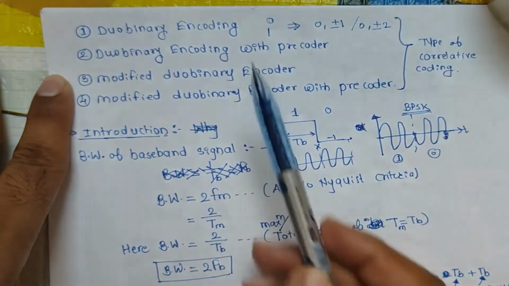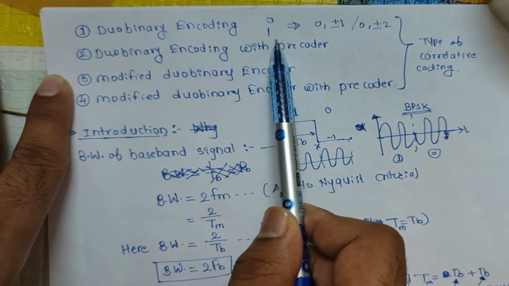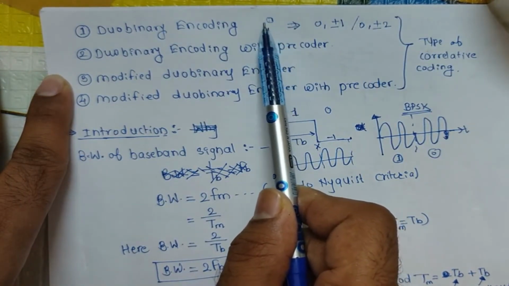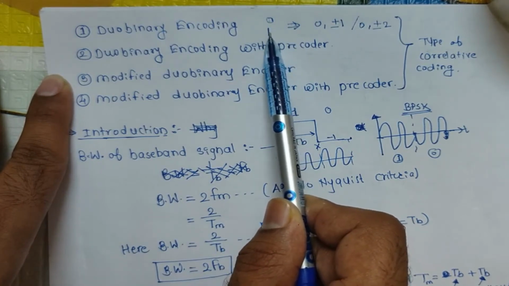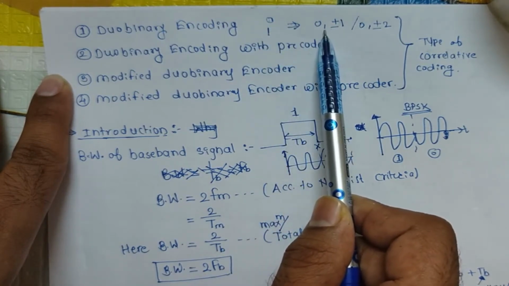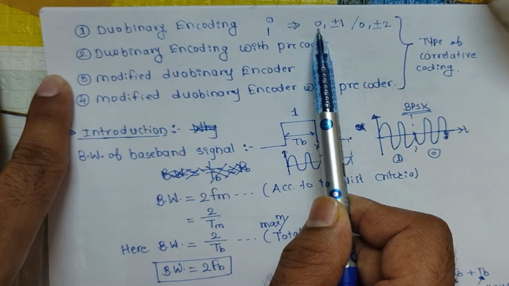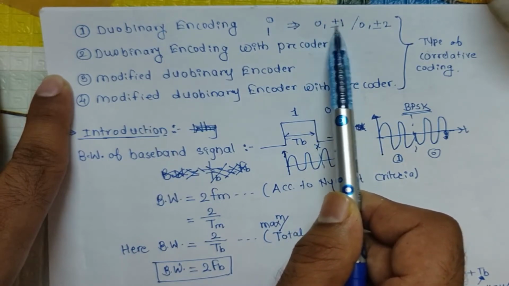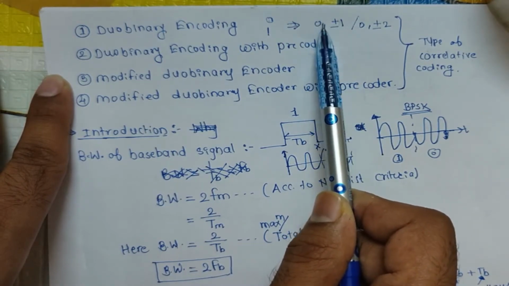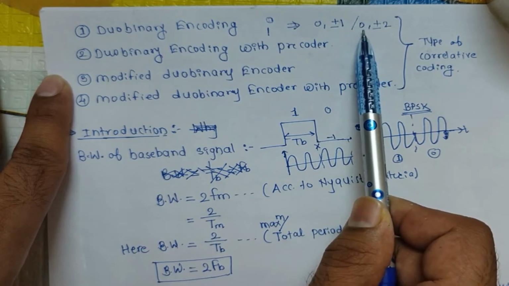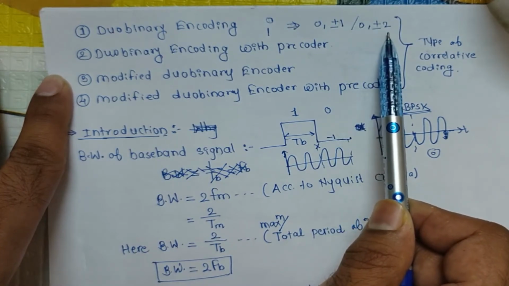So these are the uncorrelated sequences with two levels, 0 and 1, and they will be converted into a correlated sequence with levels 0, plus 1, minus 1, that is three levels, or the levels might be 0, plus 2, minus 2.